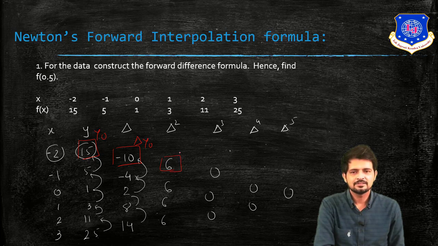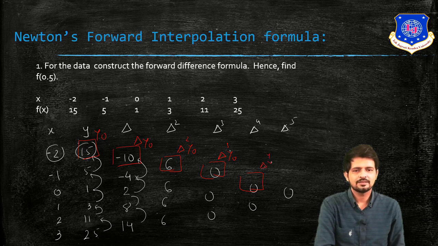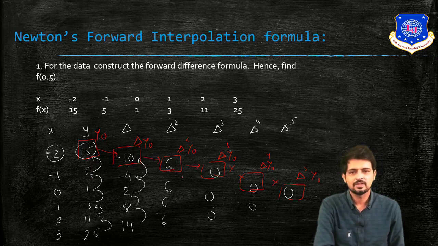Then del y0, this is my del square y0, this is my del cube y0, del raised to 4 y0 and del raised to 5 y0. These three values are 0, so there is no need to take them. You have to remember, we take these values while calculating the numerical.